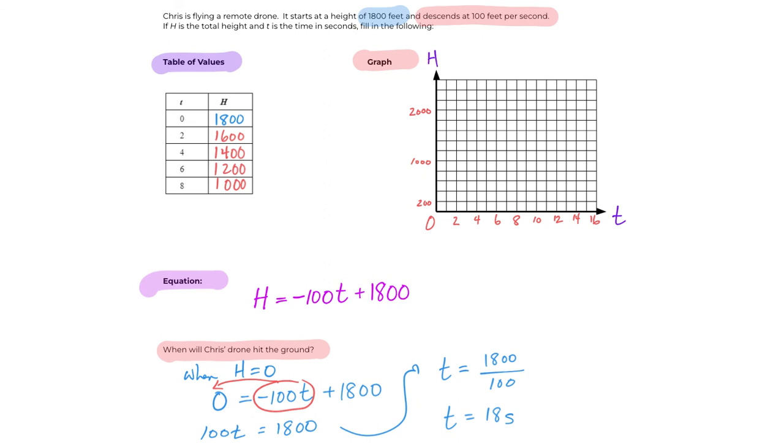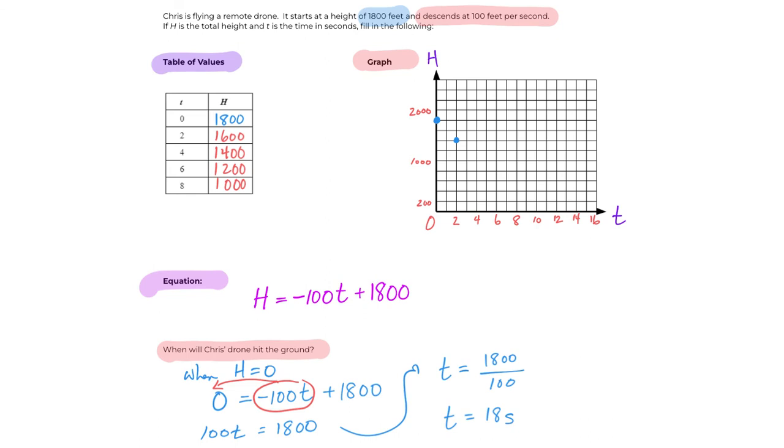Okay, I can plot my table now. So I'm going to take that first point, which was at 0 and 1,800, and plot that there. Now I need to go over to 2 and 1,600, 4 and 1,400. Oops.